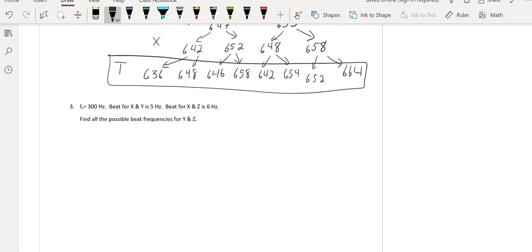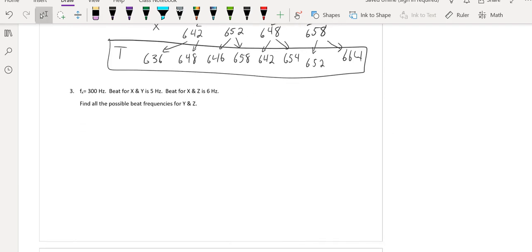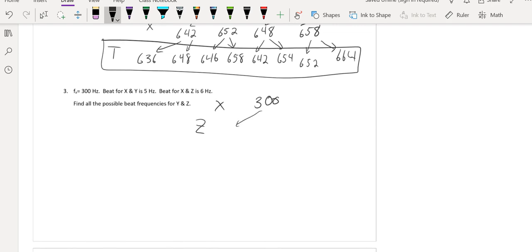Okay, now let's try another one. Number 3, we have X is 300 hertz. And then what we do is we say when X and Z is 6, what we get is 294 or 306.